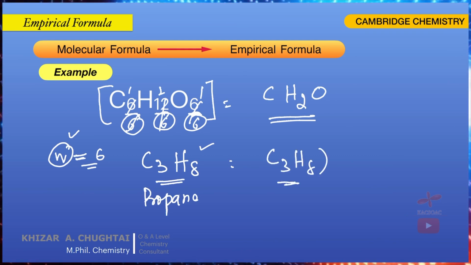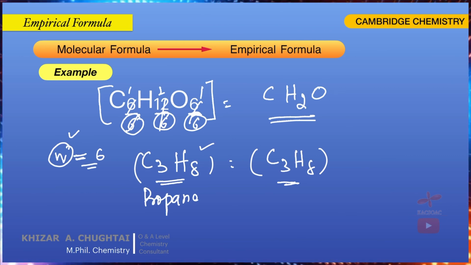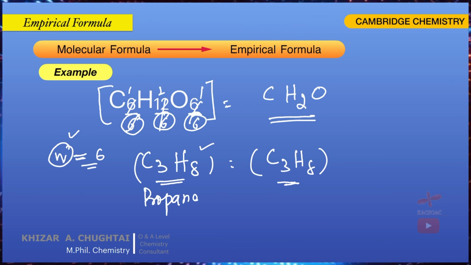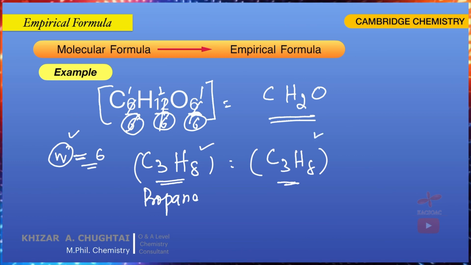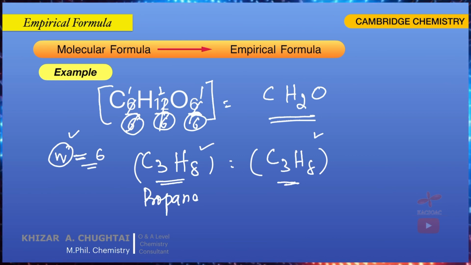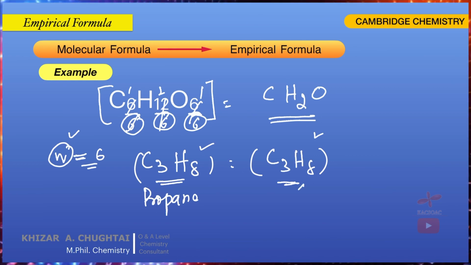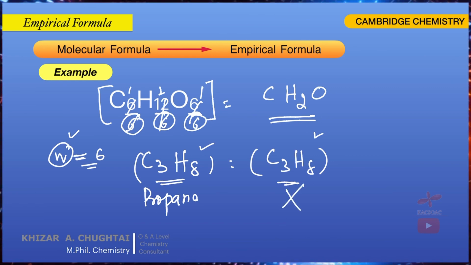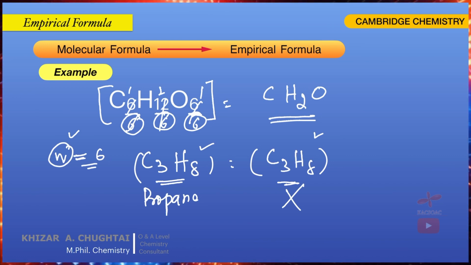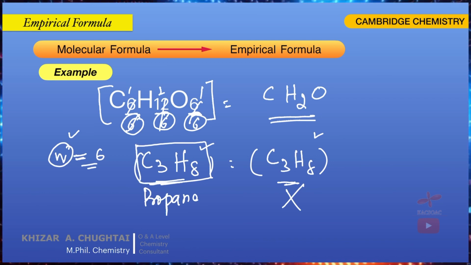Its empirical formula will also remain the same. Many organic compounds have the same molecular formula as empirical formula, as they cannot be further simplified. So you can also say they have only a molecular formula.